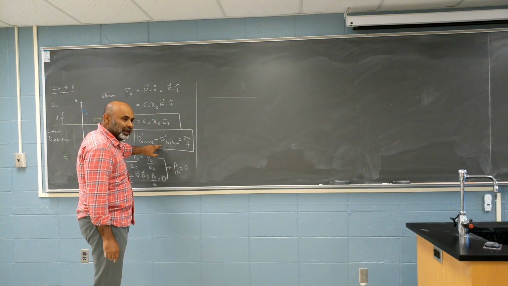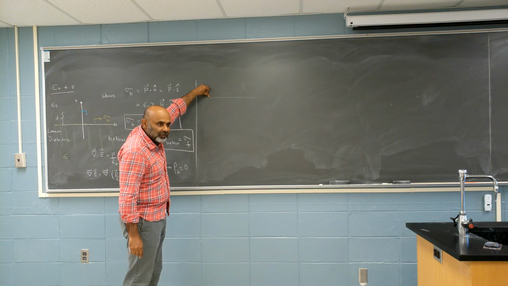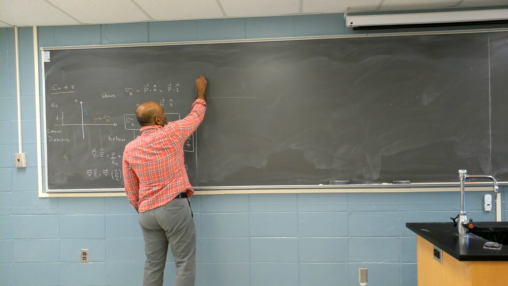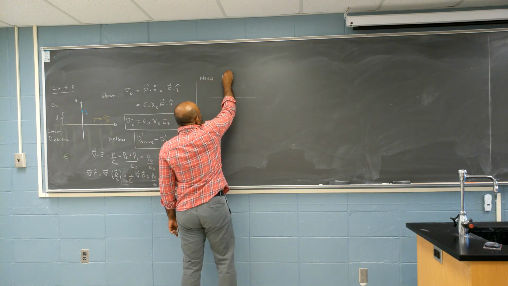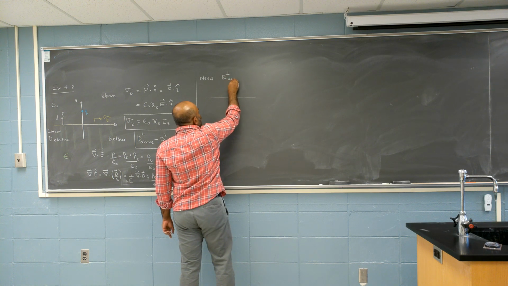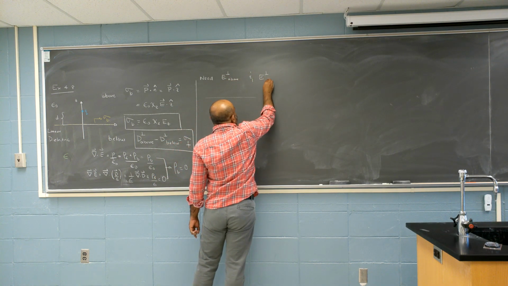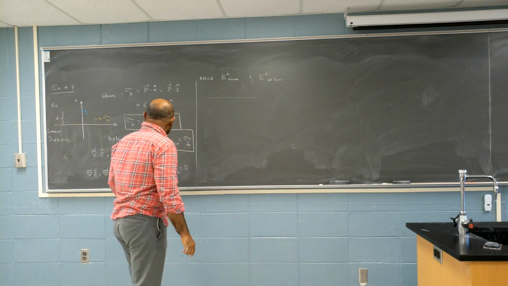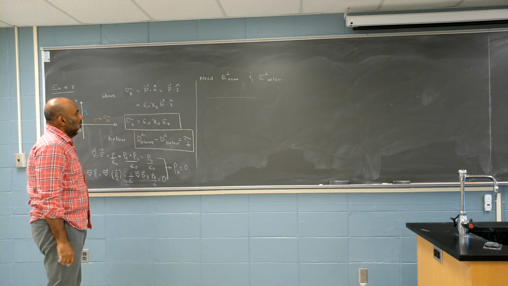And with this in mind, I want to get the electric field right from above and right from below. So my goal is E perp above and E perp below. Since D is proportional to E, that's why I need all of this.